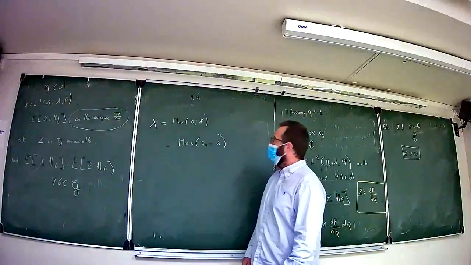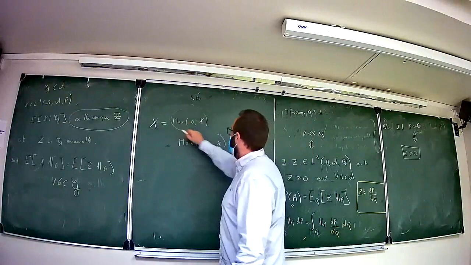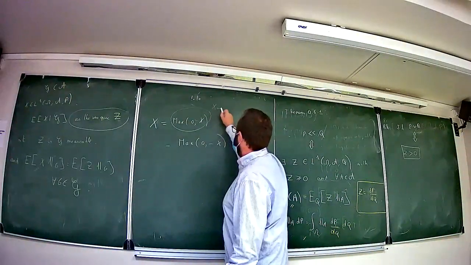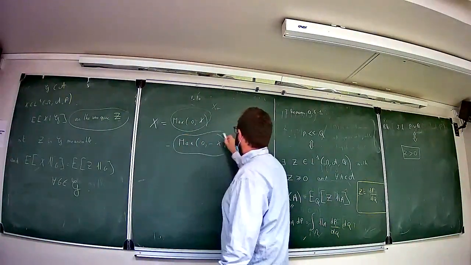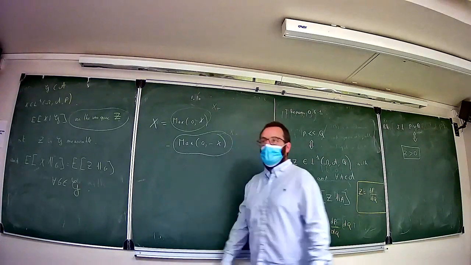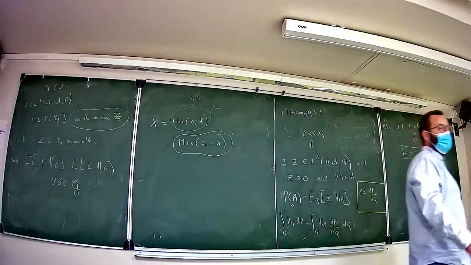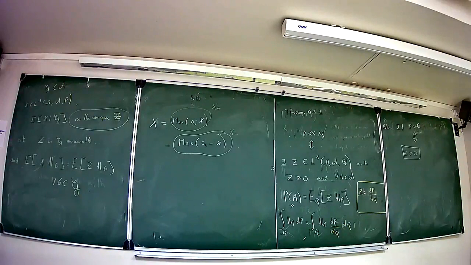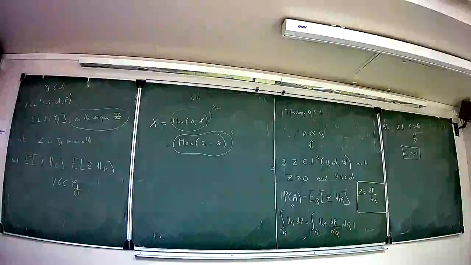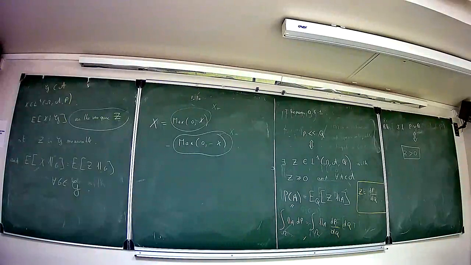Okay? This one we call in general x plus, and this one x minus. It's something you can keep in mind. Sometimes it may be useful that you can write any mapping, and a priori also any random variable, as the difference of two positive mappings.